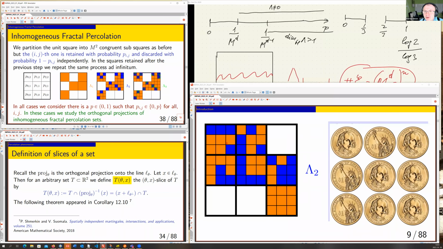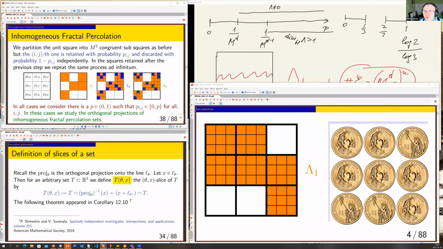For example, you have already selected this, and then on this level, you would like to decide whether you retain this square, the left upper corner square, or not. Then you toss the same coin. This coin is the one which lands on head with P02 probability.